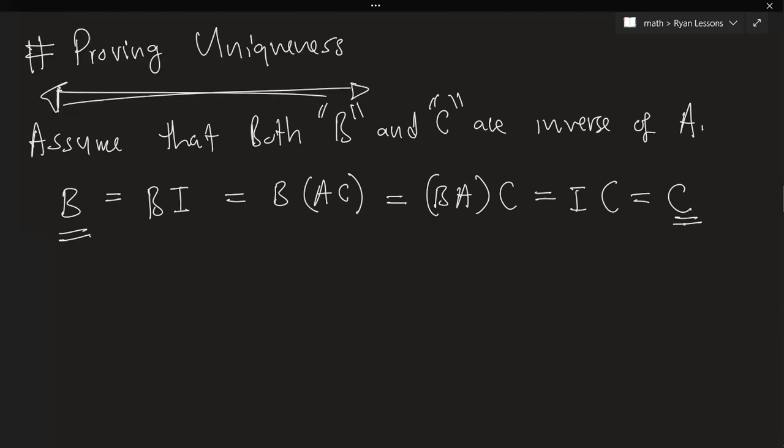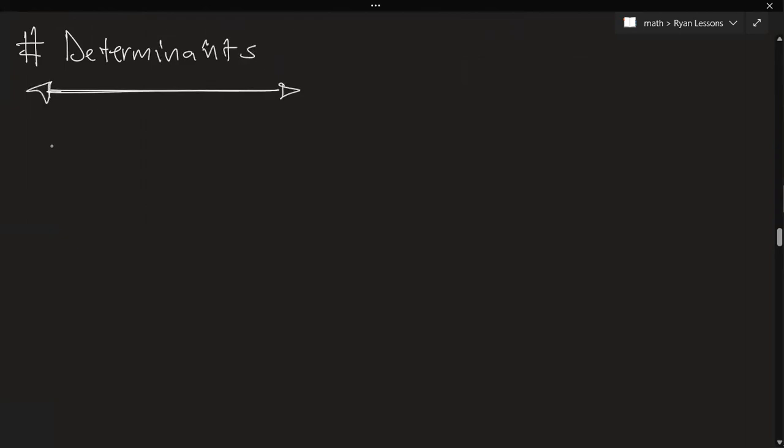So that's all you have to know about inverses, in addition to what you already know. Now let's talk about determinants. At this point in time, you are expected to already know how to evaluate them, how to find the determinant of a given square matrix of any order.